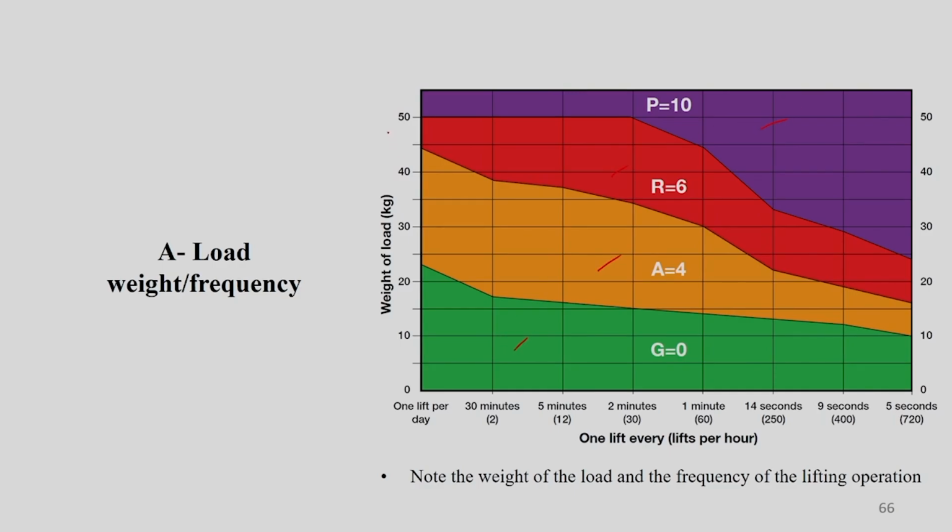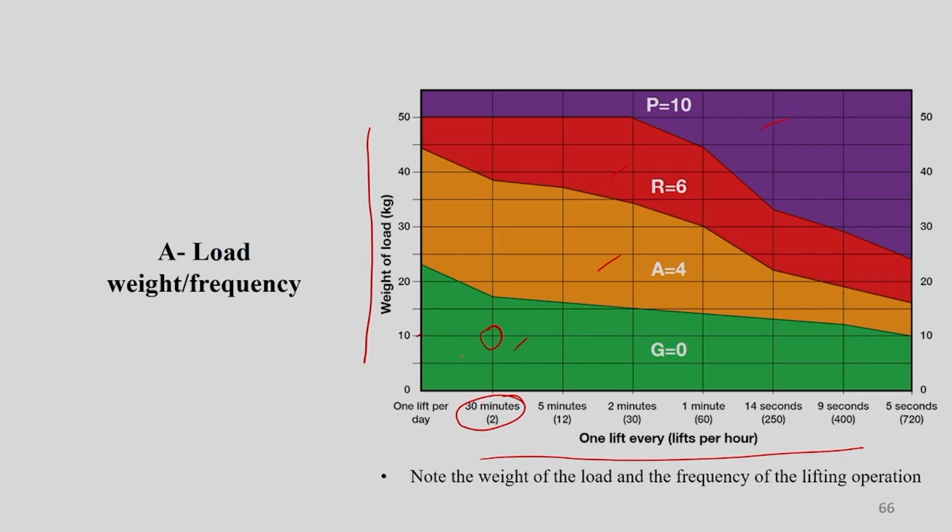So here you have weight on the y-axis and lifts per hour on the x-axis. Based on your scenario, you will try to find out where your risk lies. Is it 30 per minute? Then you are here, and if it is 10, then you are here.